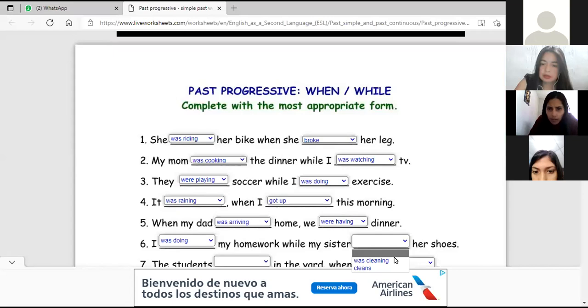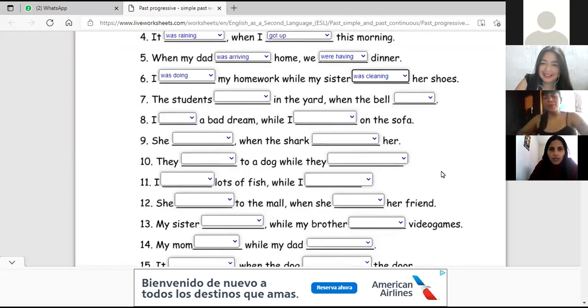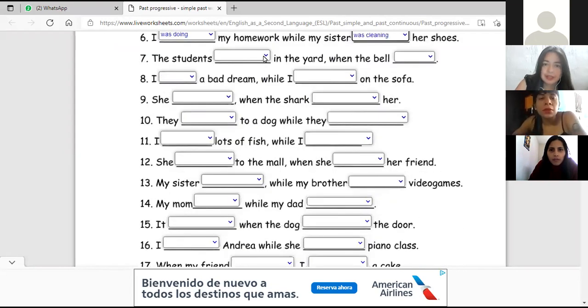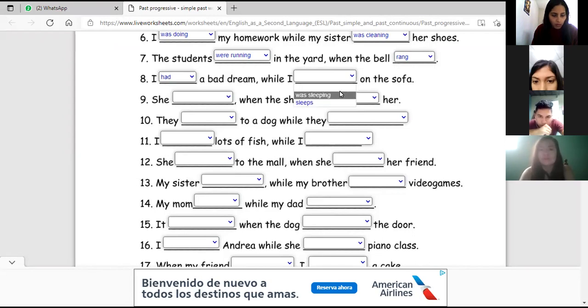My sister was cleaning. Yes. It's new. Okay. 7. The students. Montón. The students were running in the yard. Were running. When the bell rang. I have a bad dream. Why? I was sleeping on the sofa. Yes. She was swimming.